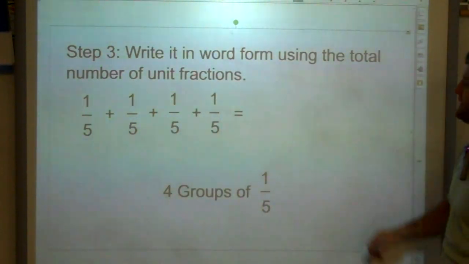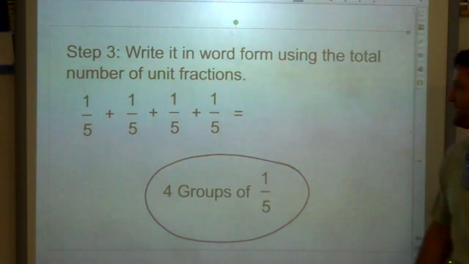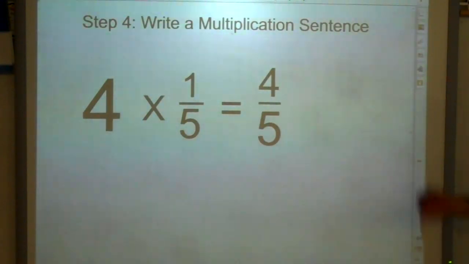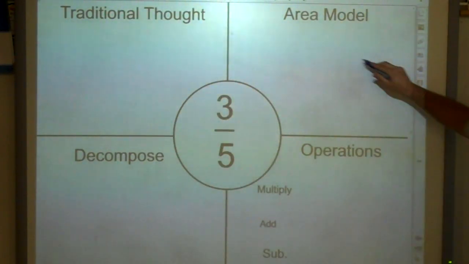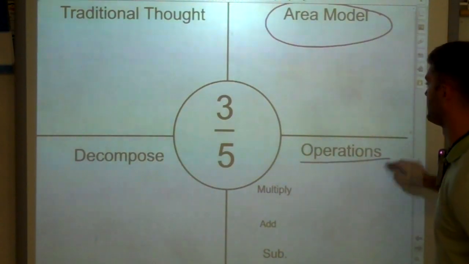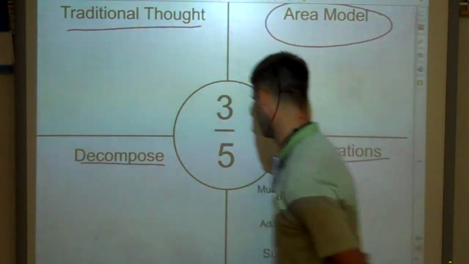Step 3 is to write it in word form. 4 groups of 1/5. It's just another thought when we're looking at multiplication. And step 4, write your multiplication sentence. When you get to your chart, be sure to do your area model as well as your operations, decompose, and traditional thought.